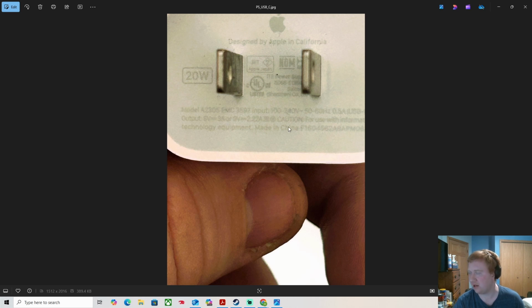So yeah, USB-C chargers are a little bit more unique, but it still works off the same principle. Technically, you could not get the higher voltage without a special processor.